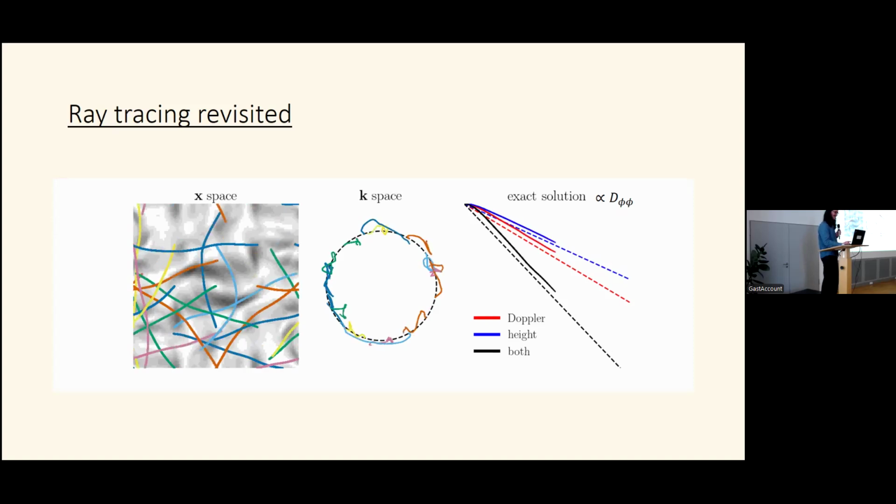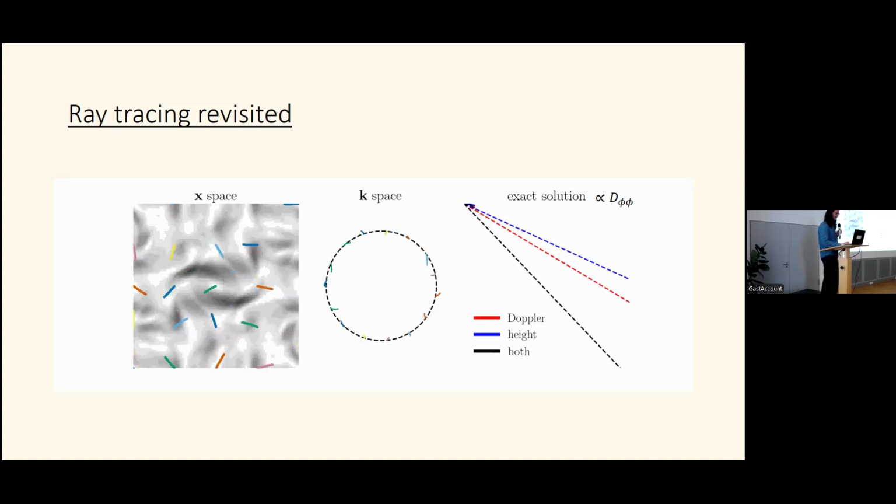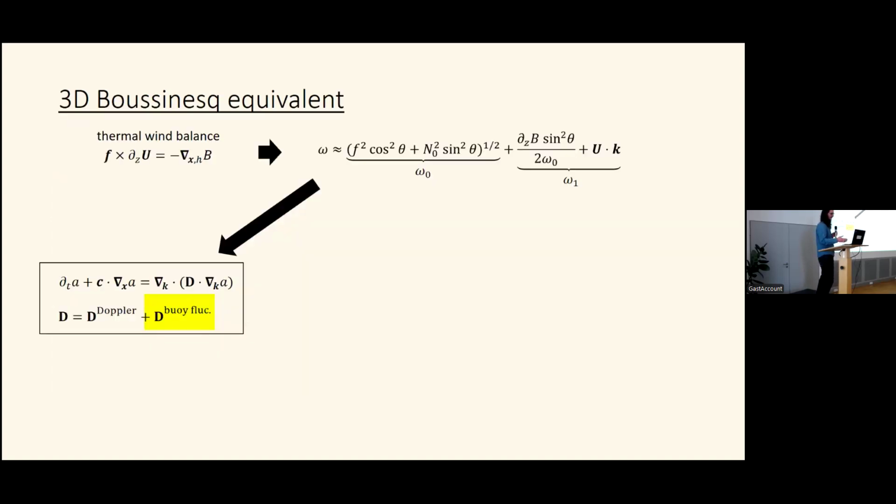Okay, maybe I'll leave some time for questions and skip through the Boussinesq stuff. There's an equivalent where, in shallow water, you're inducing changes to the background height. In the Boussinesq system, through the thermal wind balance, you're inducing fluctuations in the buoyancy field.